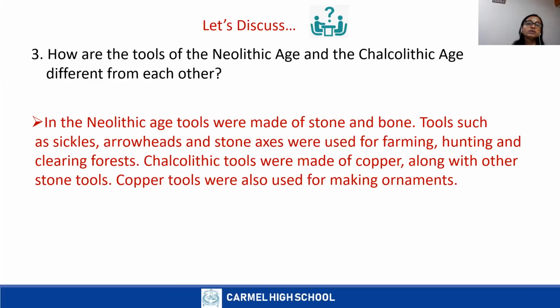So already you have learned about the two different ages, that is Neolithic and Chalcolithic. Next we are going to learn about the difference between the tools of Neolithic age and Chalcolithic age.